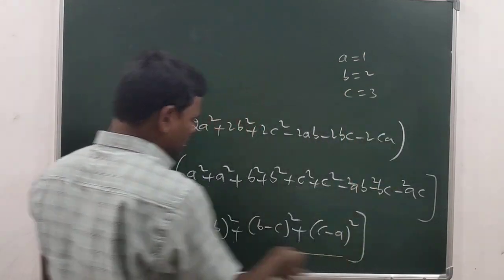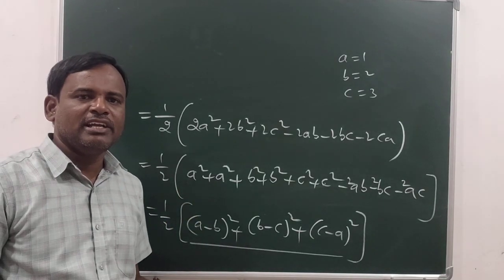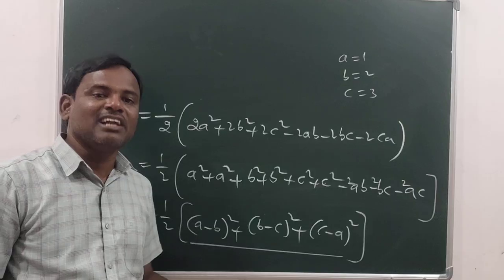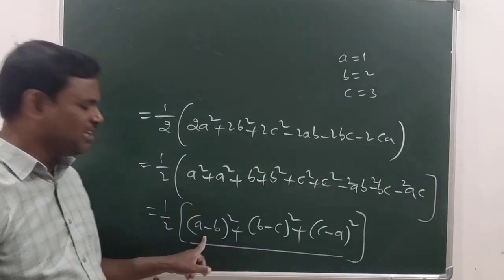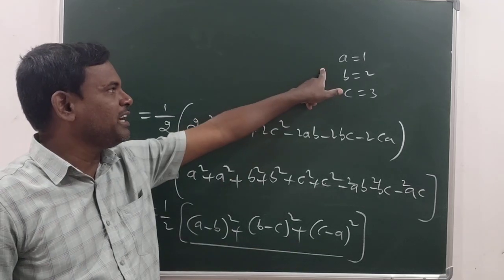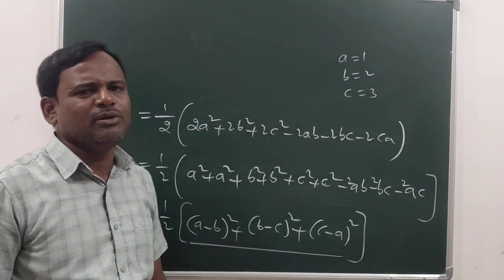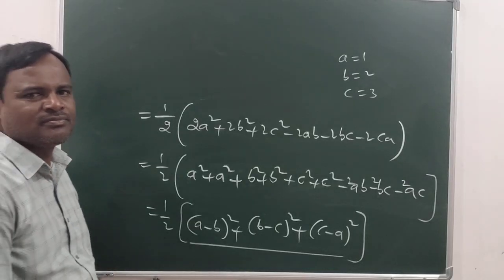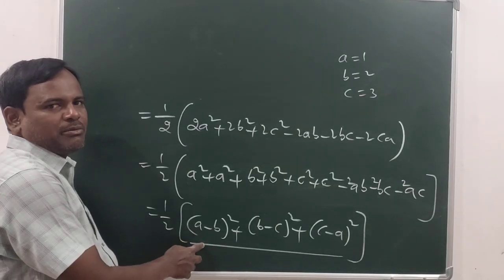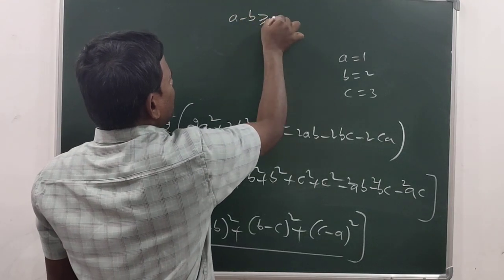In such case only this expression is minimum. The problem itself mentions a, b, c are distinct non-zero integers, which means that when do you get this minimum? Whenever you take a is 1, b 2, c 3, or take any 3 consecutive integers, so that this will be minimum.